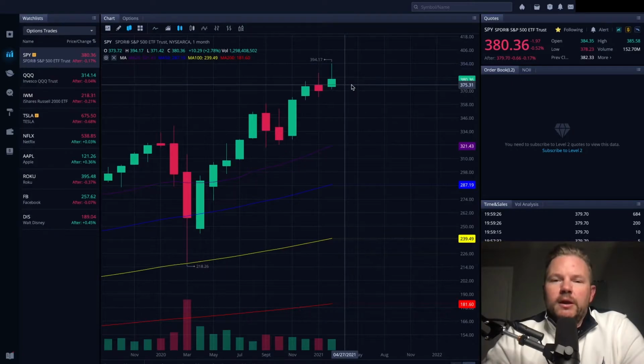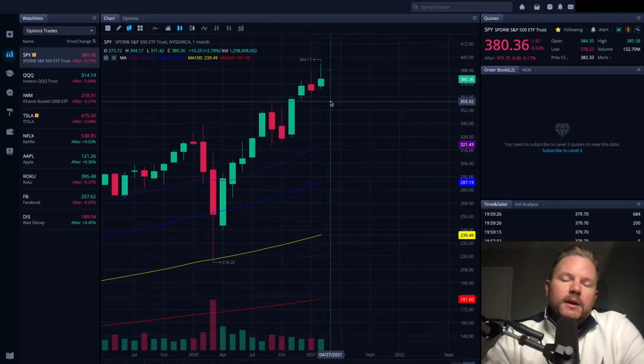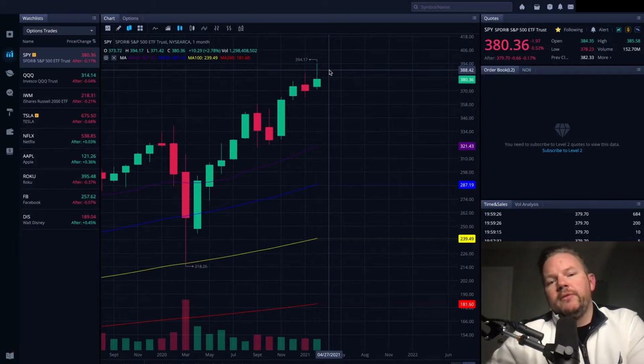The real key is going to be what happens in the price action. So if we don't eclipse this all-time high of 394 in the S&P 500, we'll probably consolidate or continue to retreat a little bit. But if we have a strong month where we eclipse this all-time high, then we could very well continue our move upward.